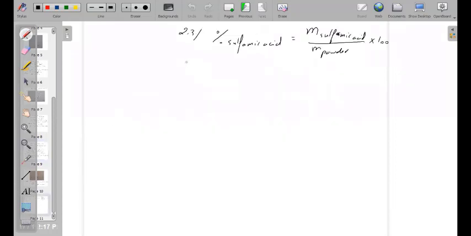Then we have C equal n over V equal mass over molar mass times V. Then the mass of sulfuric acid equals concentration times molar mass times volume.